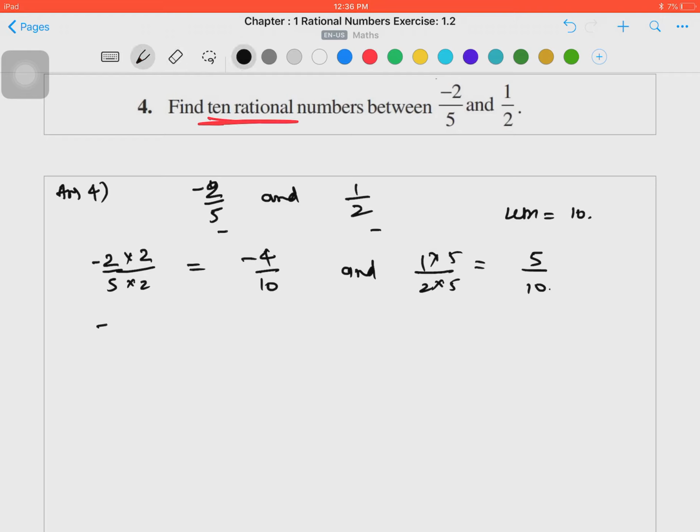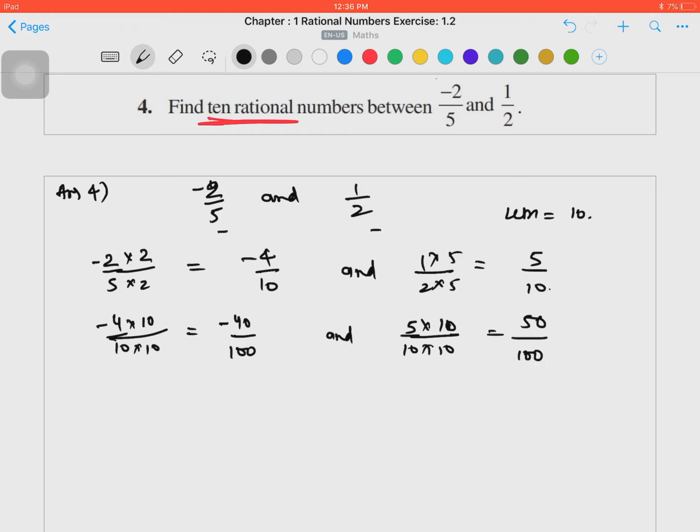take these numbers, which are -4 by 10 and 5 by 10. Now you can multiply and divide again by any number of your choice, which should be more than 1. So let's take it as 10 again. So the numbers will become minus 40 by 100 and 50 by 100.